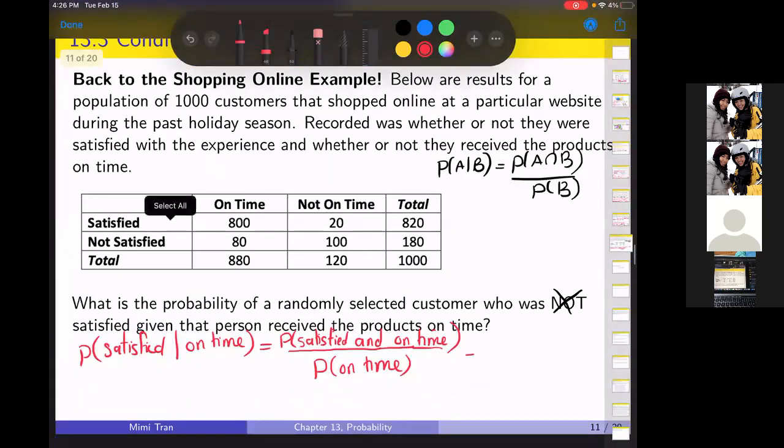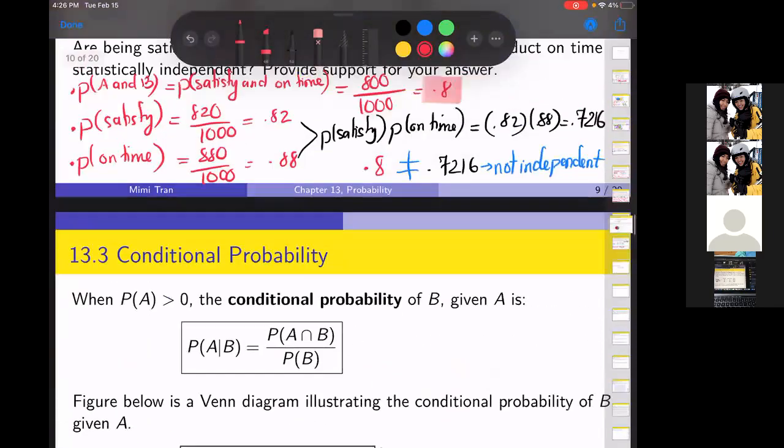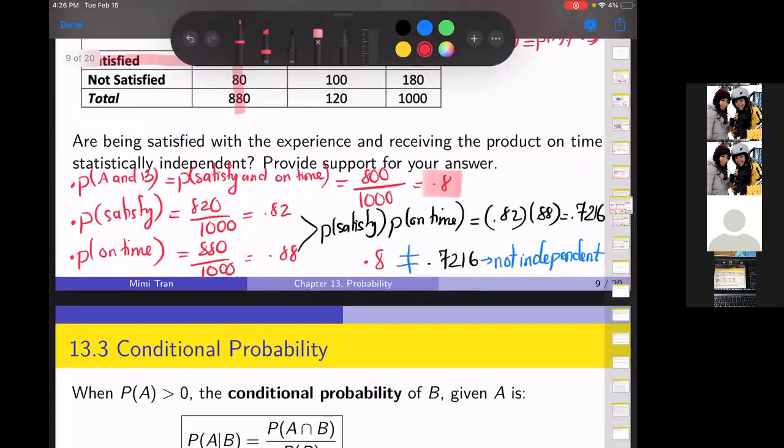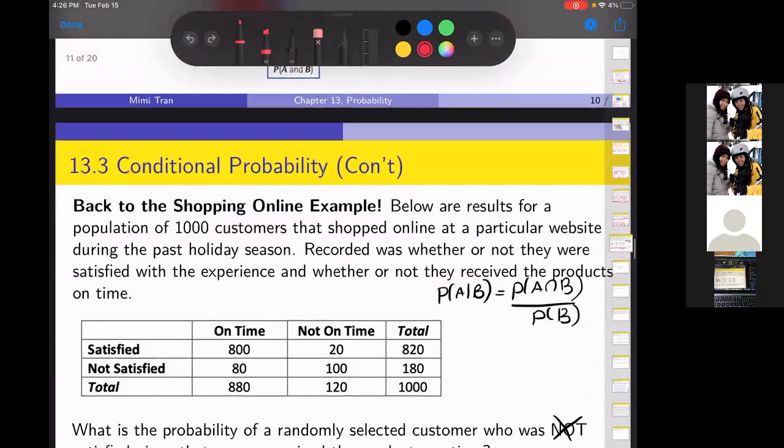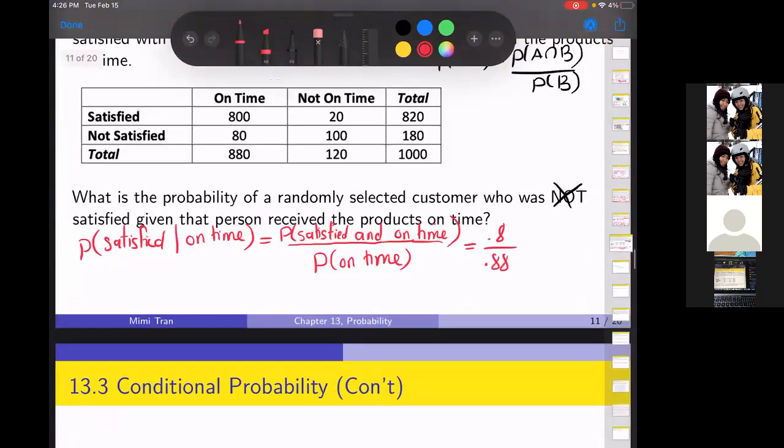If you haven't done it, you have to do it yourself. P of on time, I think we also did it here, is 0.88. So 0.8 divided by 0.88 is 0.9091, roughly 91%.